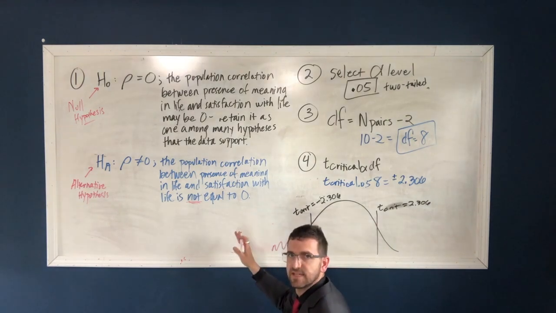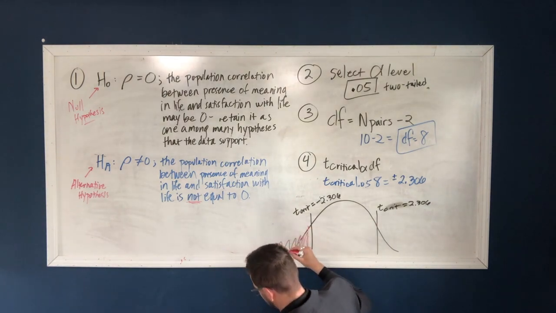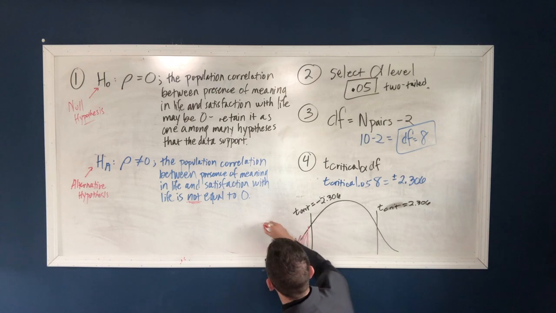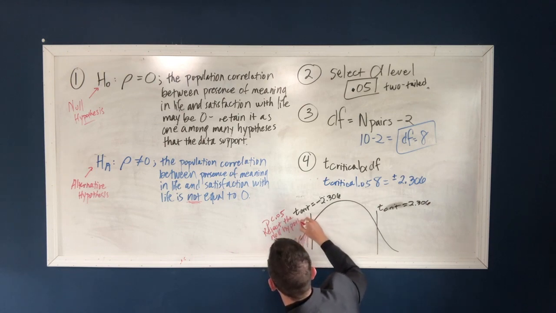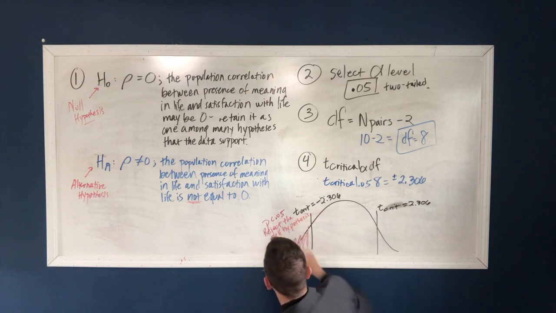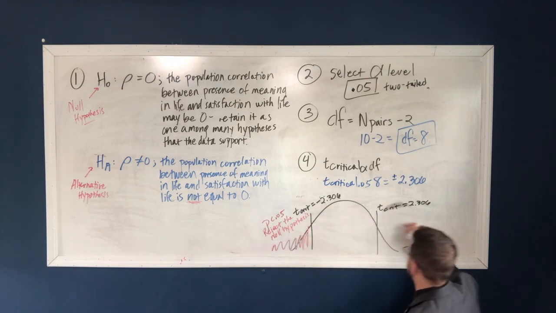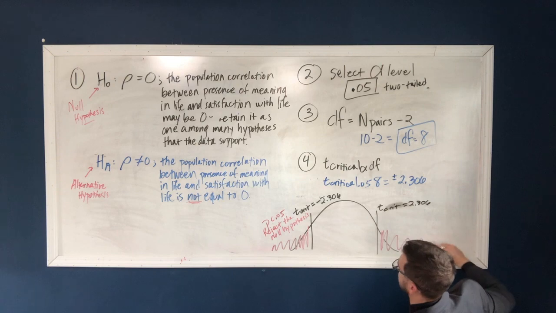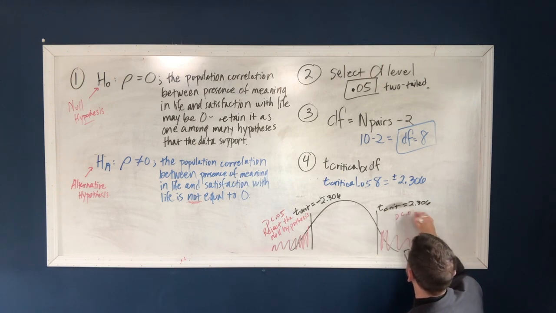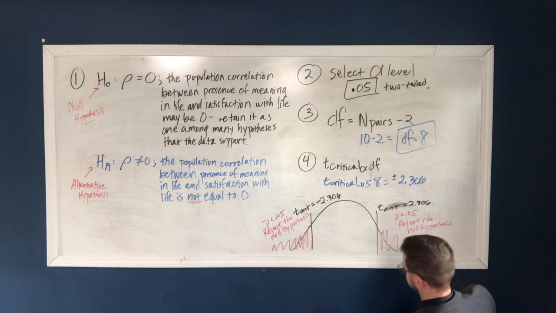Okay, past the t critical in this direction, we're going to say P is less than 0.05. Reject the null hypothesis. Okay, and past t critical off in this direction, P is less than 0.05, reject the null hypothesis.